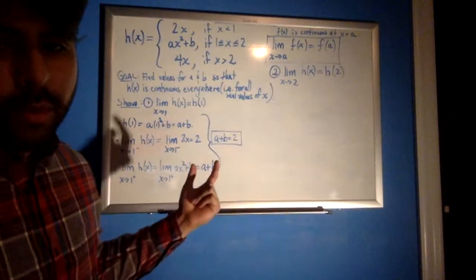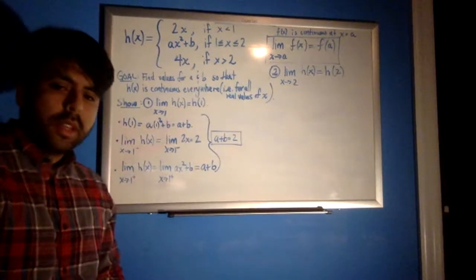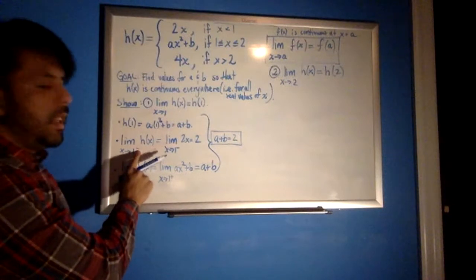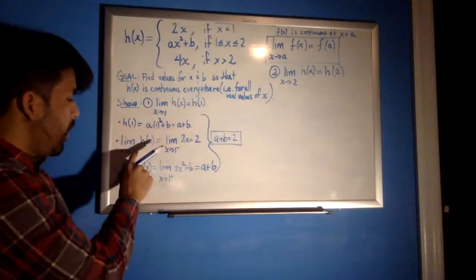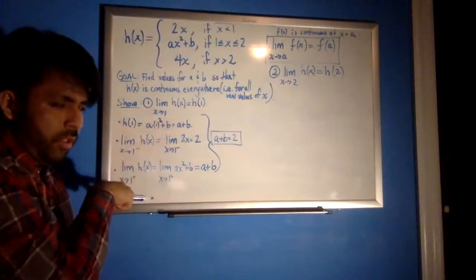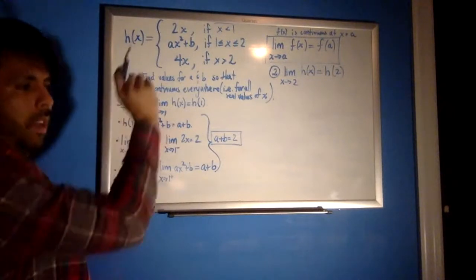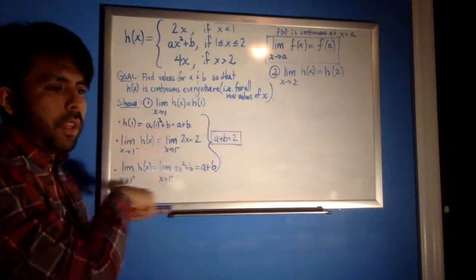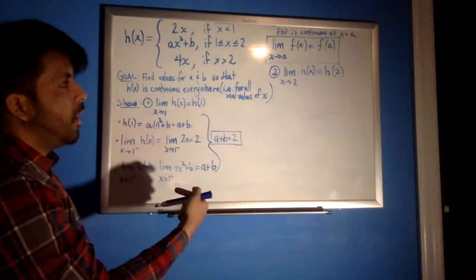Brielle asked, would 1 from the left be substituted as negative 1? Definitely not. This sign here is not negative. It does not indicate that 1 is negative. It's just a notation. This negative symbol as a superscript just indicates that I'm approaching 1 from the left side, and this plus indicates that I'm approaching 1 from the right side.